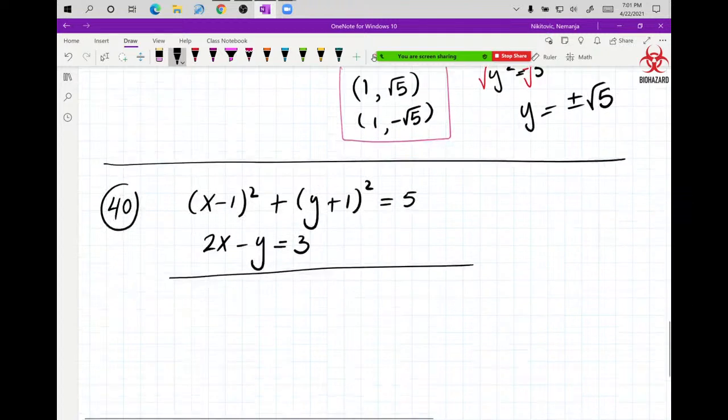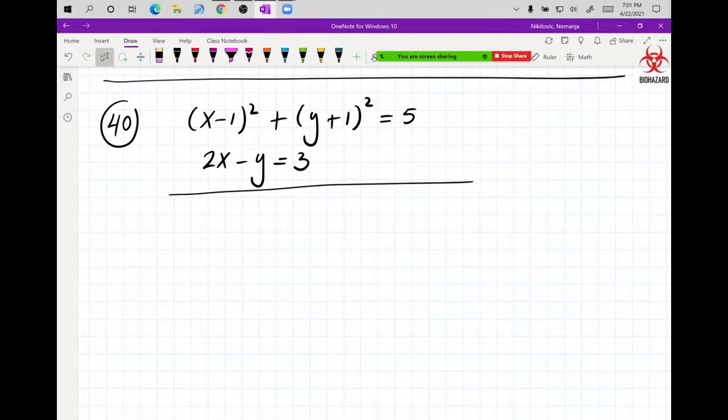It is time for substitution, because we can easily write y equals 2x minus 3. Right? Y goes to the right, 3 goes to the left, and we get y equals 2x minus 3. When you swap sides, y equals 2x minus 3.